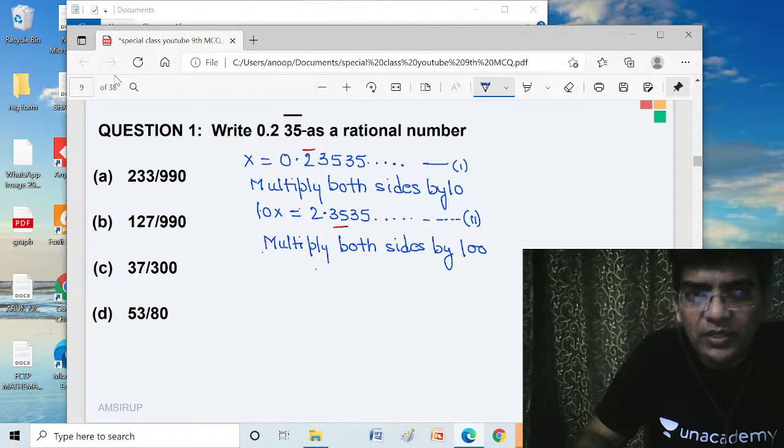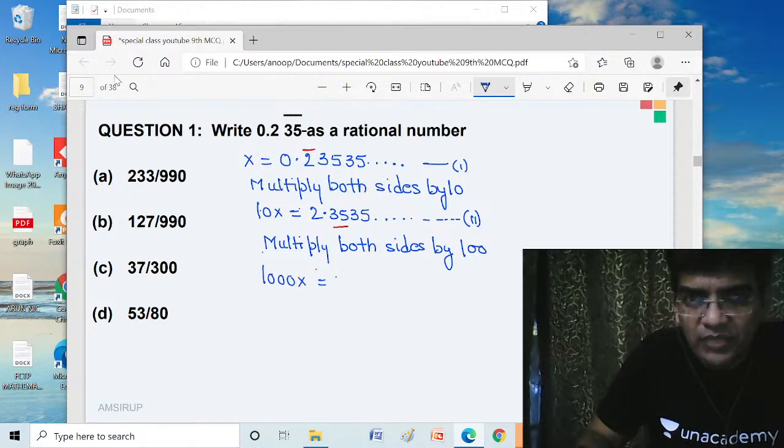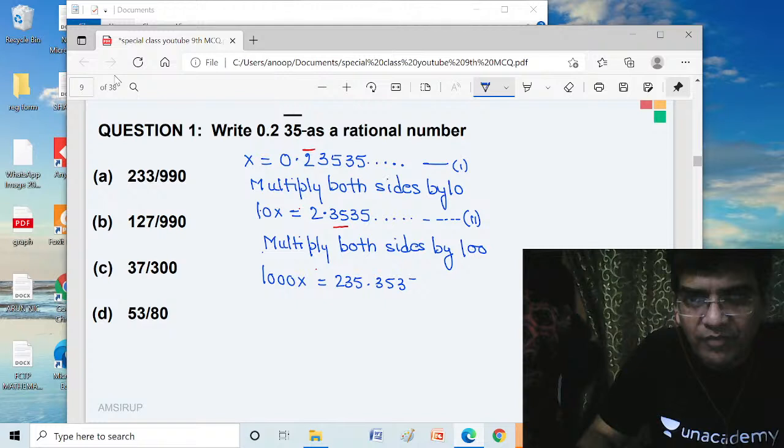My left side becomes 1000x, and on the right side these two terms get transferred, so it is 235.3535 and so on. This is my equation number 3.